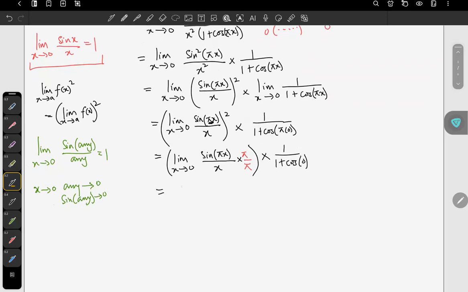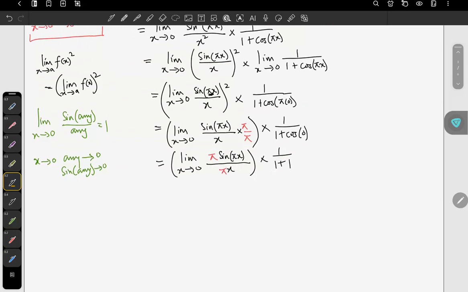And this is equal to the limit as x goes to 0 of sine of pi x over x. Then we have pi here. We have pi here. So this is times 1 over 1 plus 1.